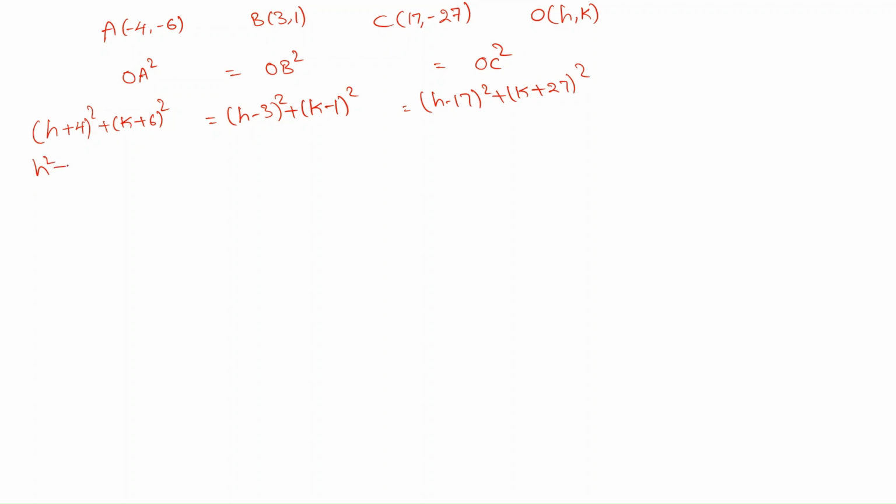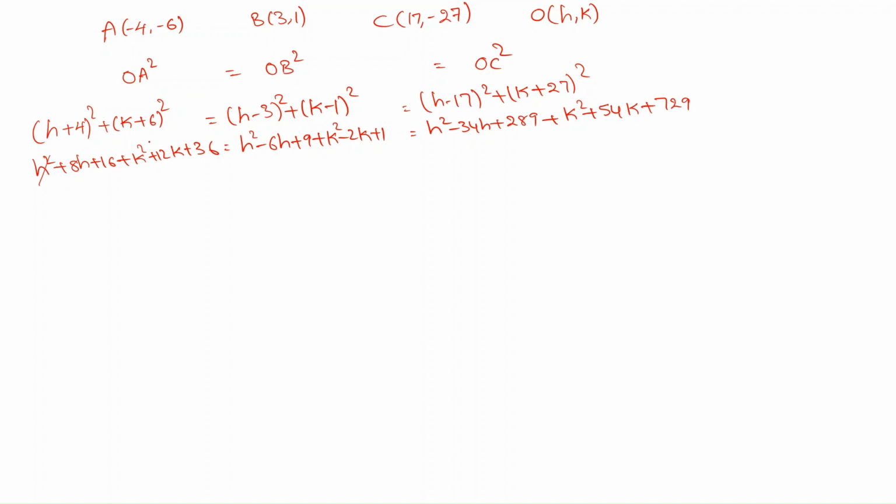This is h square plus 8h plus 16 plus k square plus 12k plus 36 is equal to h square minus 6h plus 9 plus k square minus 2k plus 1, is equal to h square minus 34h plus 289, that is 17 square, plus k square plus 54k plus 729, which is the 27 square.